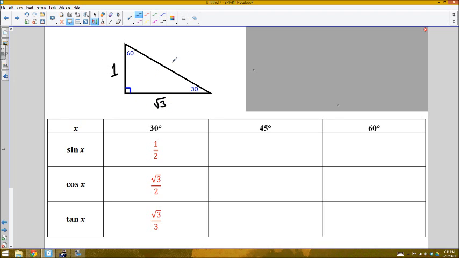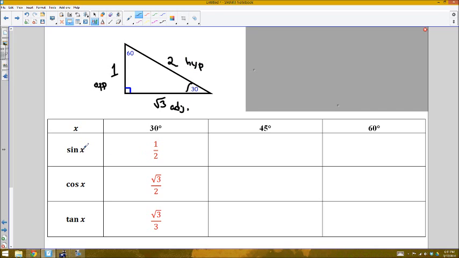And across from the 90-degree angle, or the hypotenuse, it's proportional to 2. It's in a 1 to rad 3 to 2 relationship. Now notice that for 30 degrees, I have my opposite side as 1, my adjacent side as rad 3, and my hypotenuse as 2.